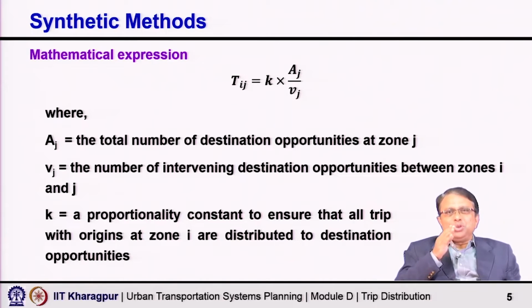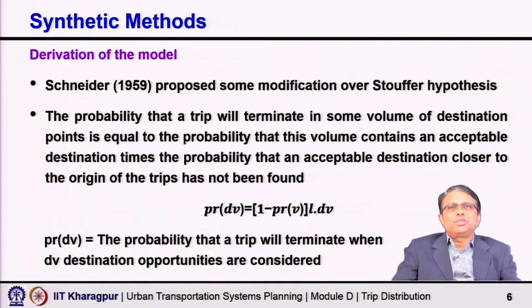Zone 1 is closer, then zone 2, then zone 3, then zone 4, then zone 5, in order of distance. And of course, k is a proportionality constant. Why? Because this will ensure that all trips with origin zone I are distributed to destination opportunities.